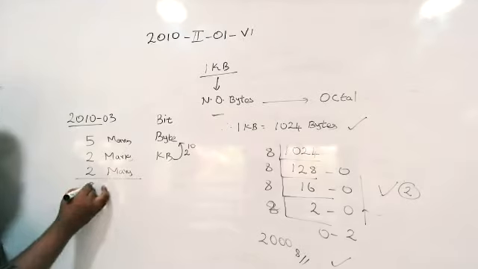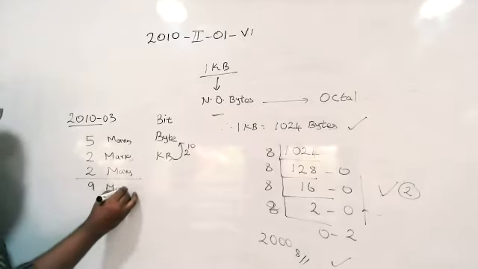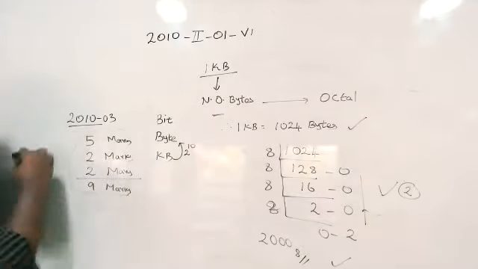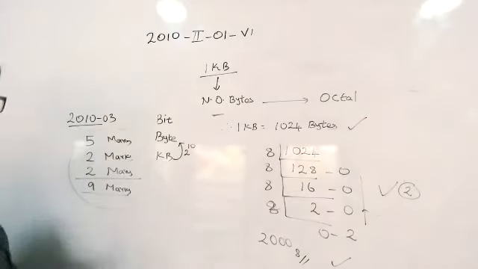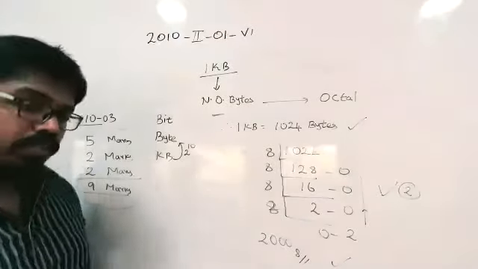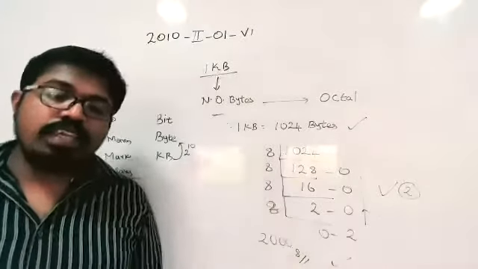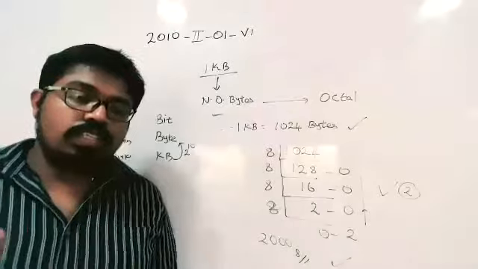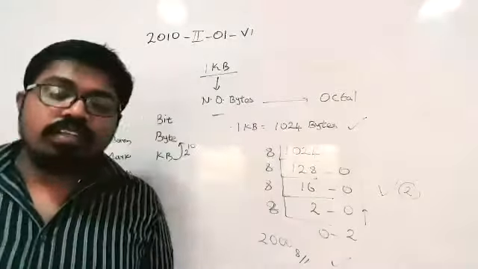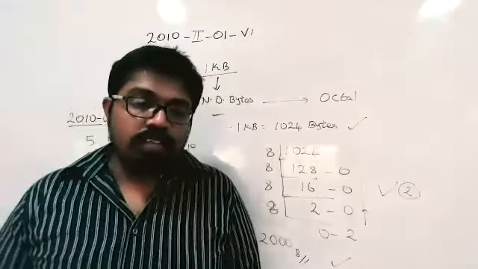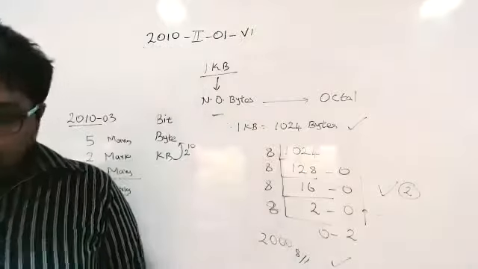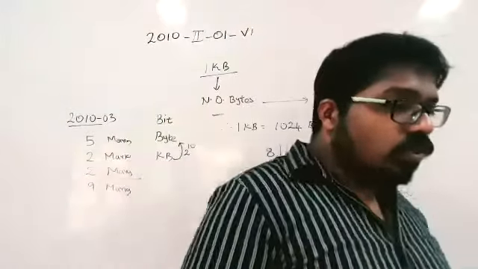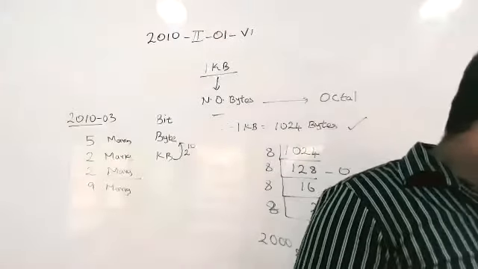So you can see 9 marks of questions came in the 2010 paper, but all these questions are compulsory questions. That's why I am telling again and again, be very, very clear about units 1, 2, 3, 4 and 5. You can't ignore them because all are compulsory questions. Right? So that's the end of the 2010 paper.